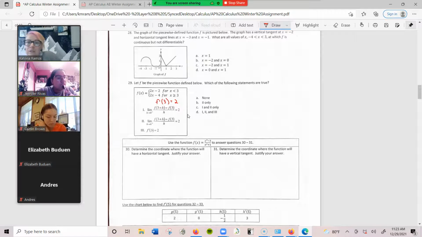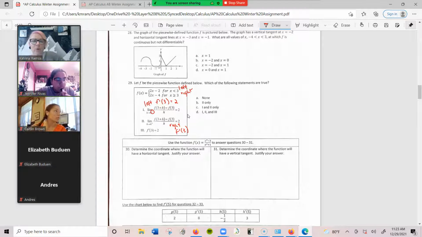Remember that this is the definition of the derivative. This is from the left side. And then this would be from the right side, so also f prime of 3, but from the right. This is my piecewise function. This is the left side, and this is the right side.